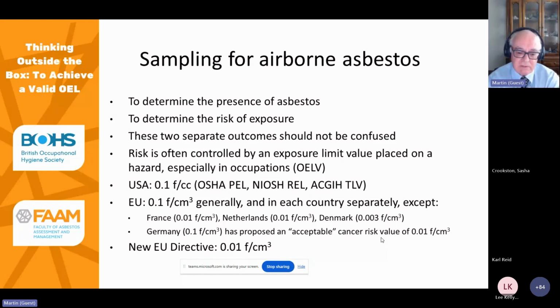And the ECEL for asbestos, I believe, is 0.0005 fibers per cc, i.e. half of the new EU directive. So we do need to look at this issue of whether PCM will continue to work at lower levels.